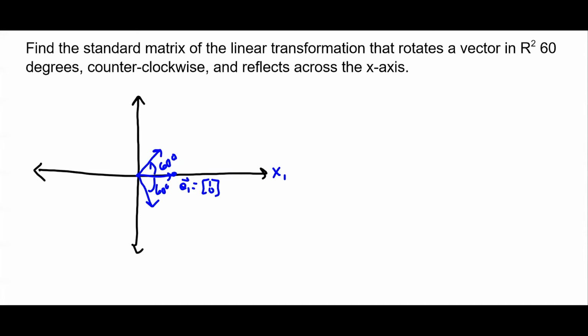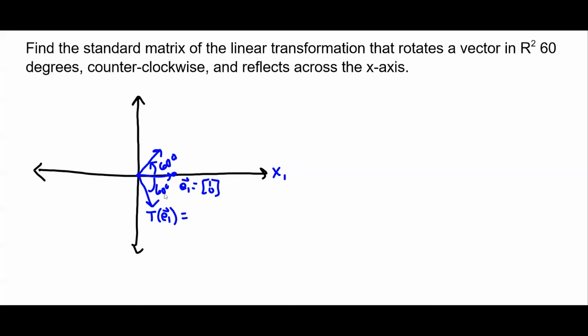And this is counterclockwise, right? So this way is counterclockwise. We rotate it, and then we reflect it across the x-axis. So this would be T of E1. And this is in the 4th quadrant.